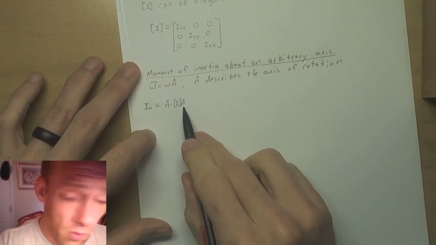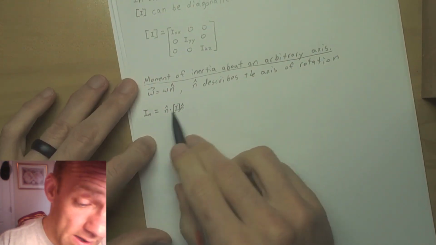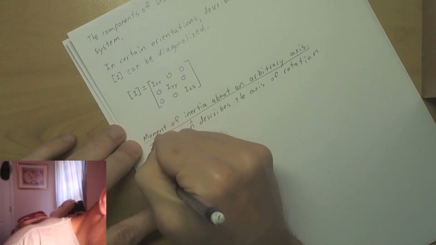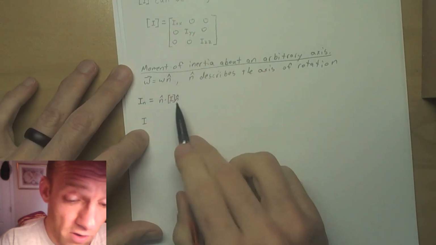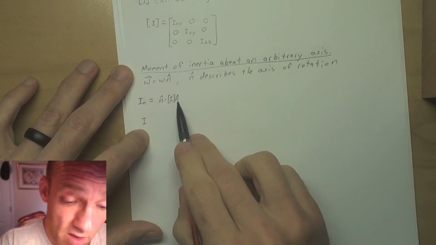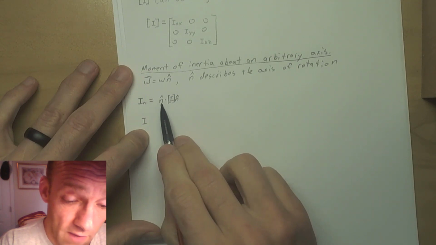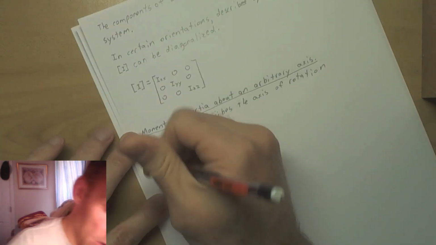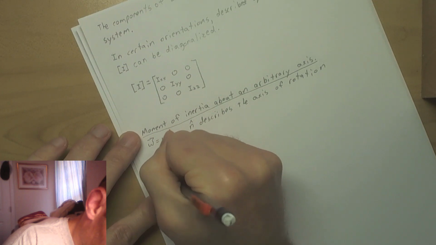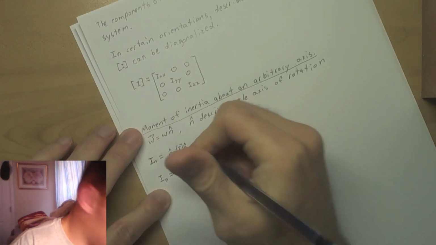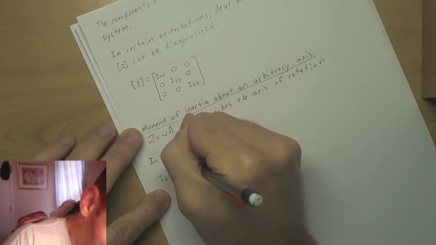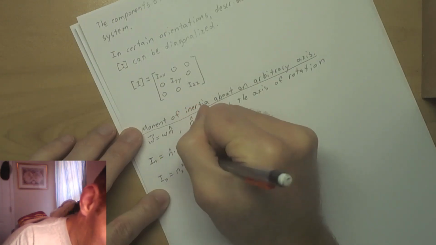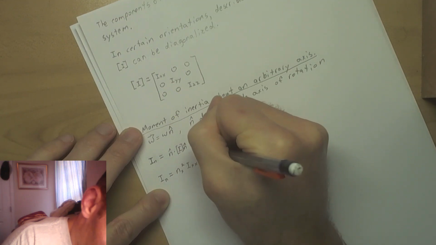I'll leave it to you to do the actual calculation, but if you take this matrix and multiply it by n, represented as a column vector, and then take the dot product of n with that, you arrive at this complicated looking, well, not complicated, but lengthy expression.